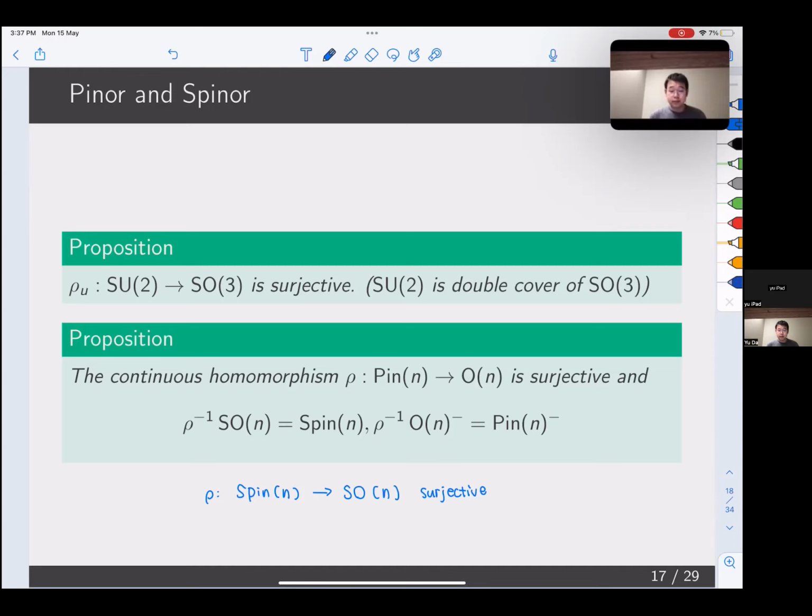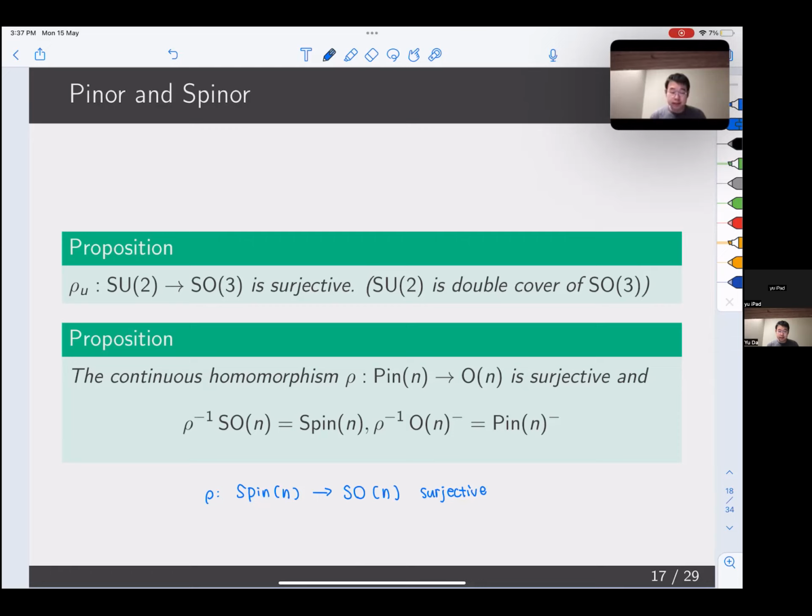So we have seen that rho from Pin n to ON is surjective. And we have the property about the preimage of rho: if we restrict rho to Spin n, then rho from Spin n to SON is surjective.